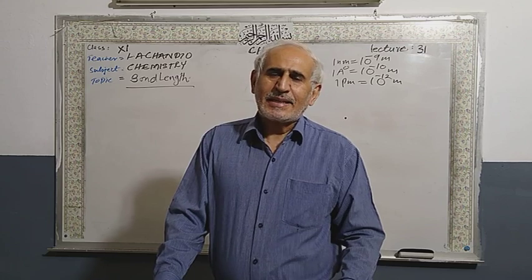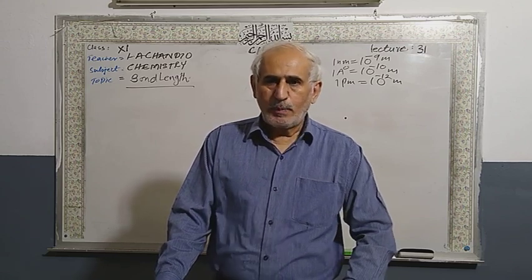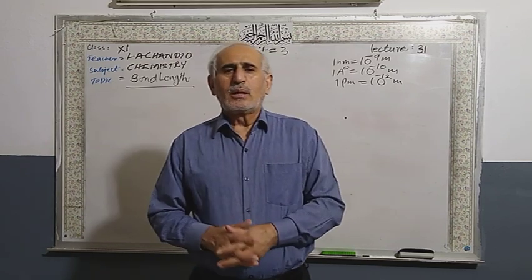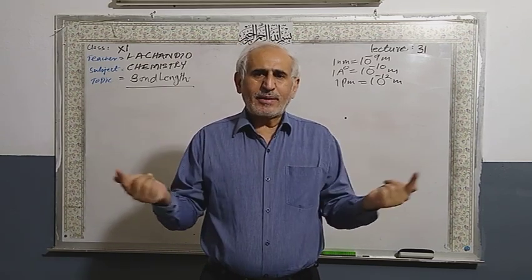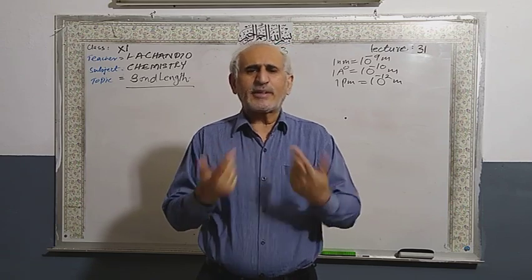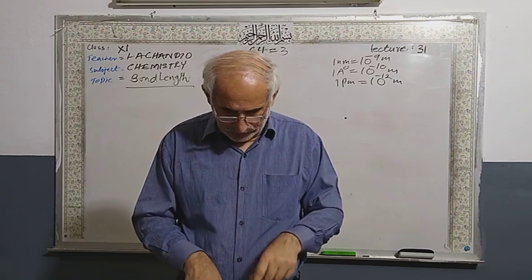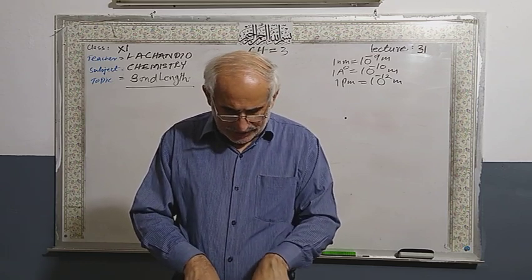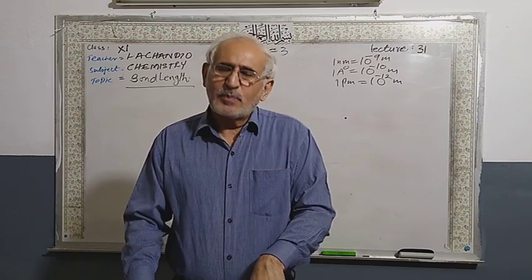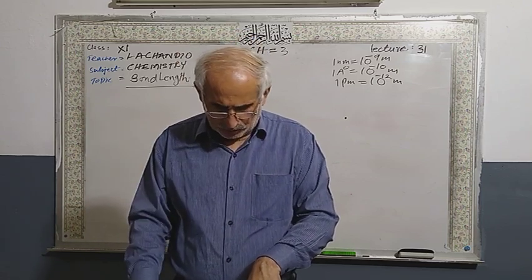So dear students, if you want to calculate an exact and constant bond length, the condition is that it is between two similar atoms and single covalent bonded atoms. So you will get a generally constant bond length, with variation generally less than 1% if you take these two conditions which I told you.